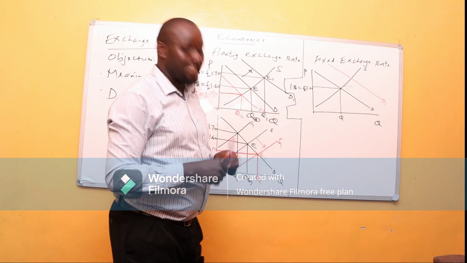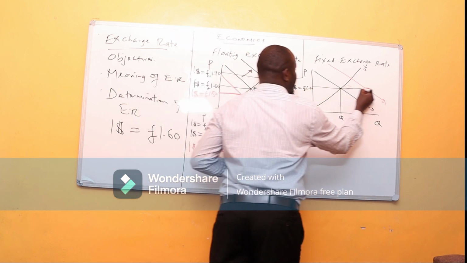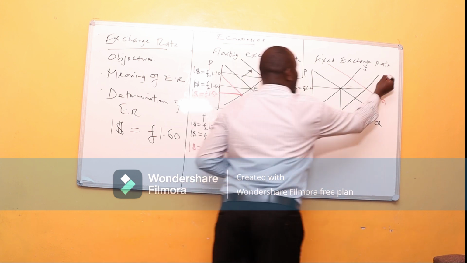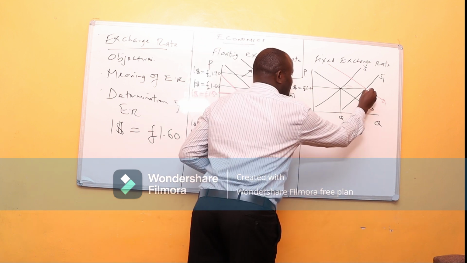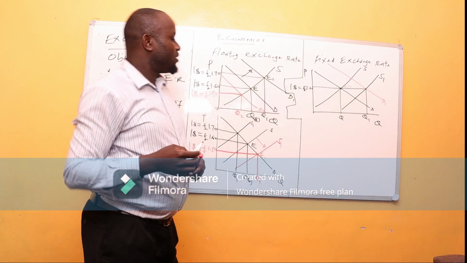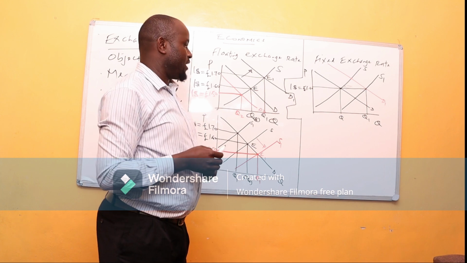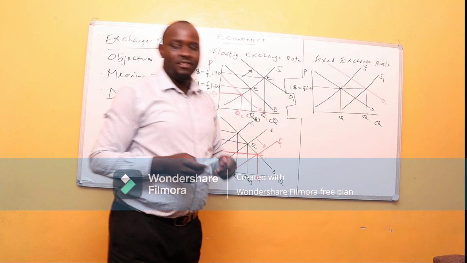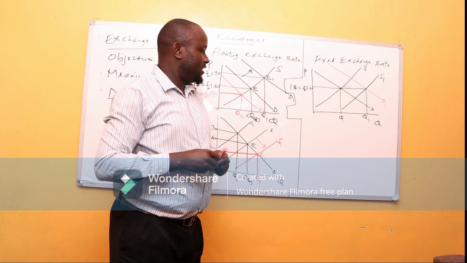Simple. The government increases the supply of the dollar. So we have the supply curve shifting outward to S1, and that leads to a higher output or more currency demanded and supplied at Q1. Now you can see clearly the equilibrium exchange rate has not been altered.